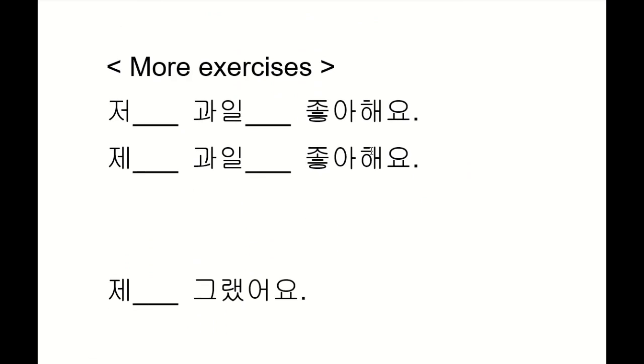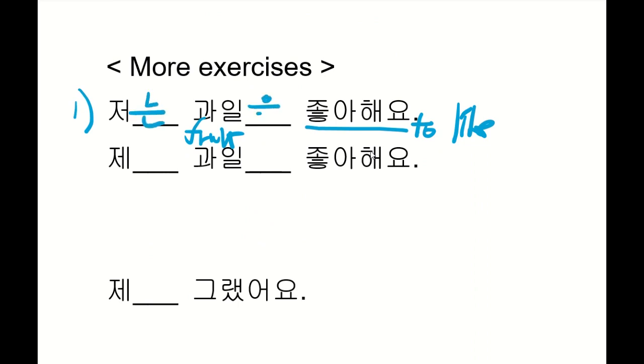Okay, more exercises. All three particles together. 과일 is fruit. 좋아해요, you already know, to like, right? So in this case, 저는 과일을 좋아해요.